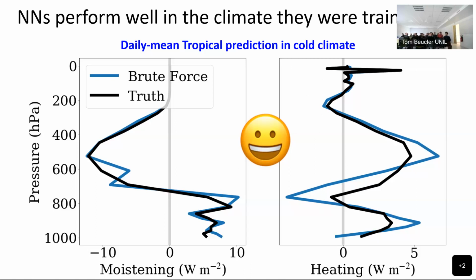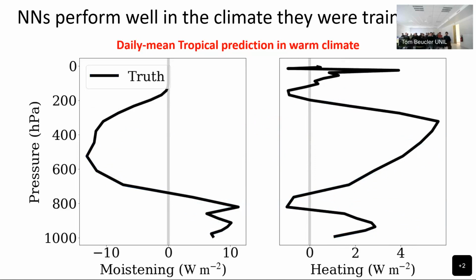And now you can play these games, which as a physicist I love to play: I'm going to warm the surface by 8 Kelvin. That's climate change we hope we won't witness in our lifetime. Supposedly, we won't see that, at least not globally. And so I play the same game, but now I ask the neural network to predict these profiles in a much warmer climate.